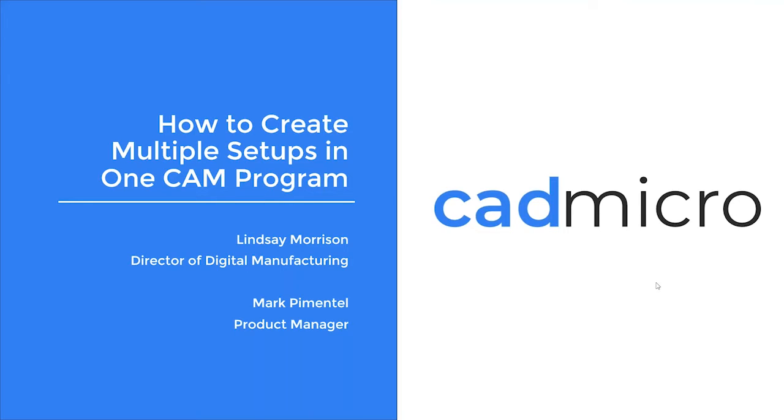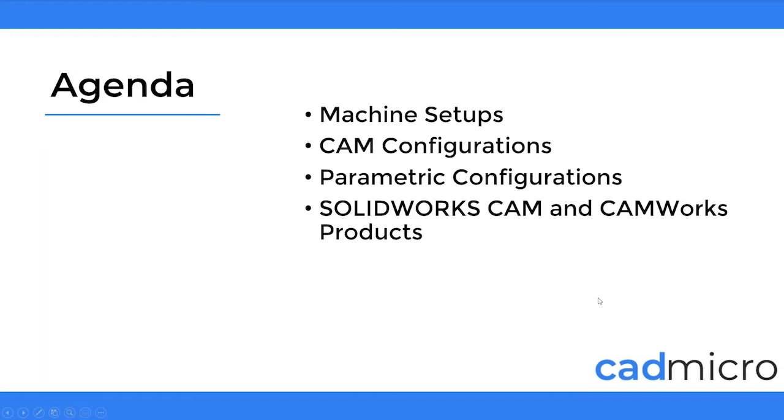Perfect. Thank you, Madeline. So yeah, my name's Lindsay, and my colleague Mark is going to be doing most of the technical demonstration today. So I just wanted to go over the agenda and what we will discuss in the webinar. The first thing that we would like to talk about would be machine setups, different types of machine setups.